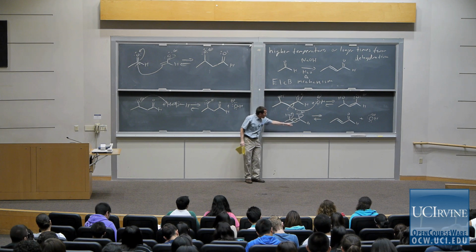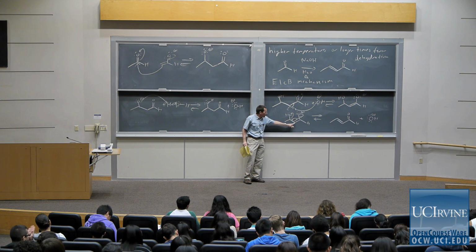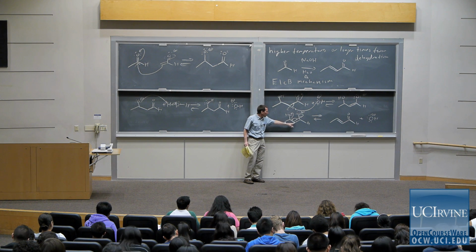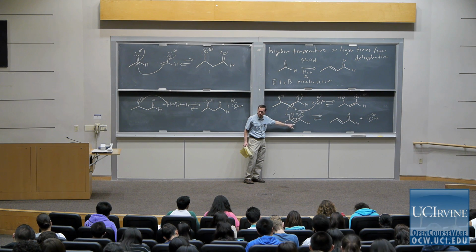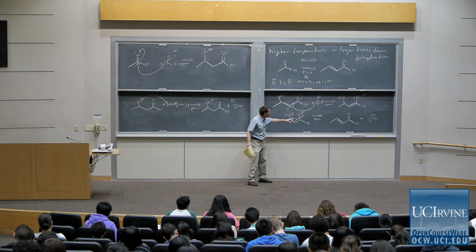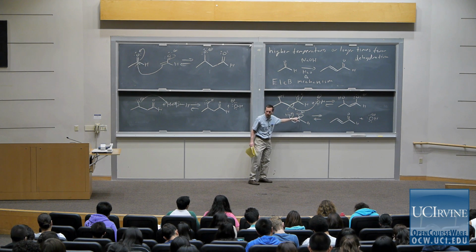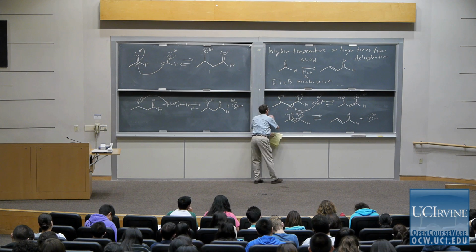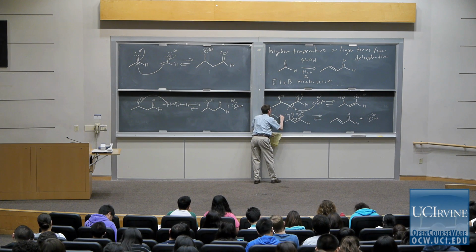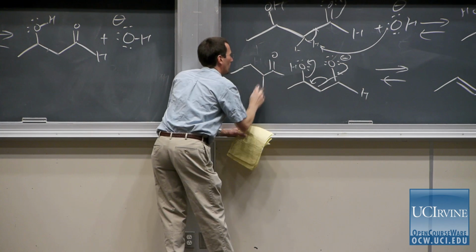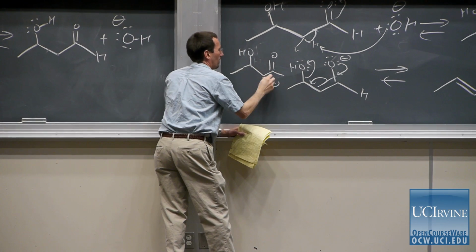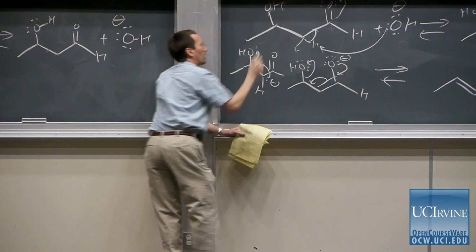It's a lot easier to think about if you remember the resonance structure in which we have a negative charge on the alpha carbon. In that resonance structure, you can just think of it as directly eliminating. As I said, I prefer to write my enolate this way, but you can think of it just as well like that.